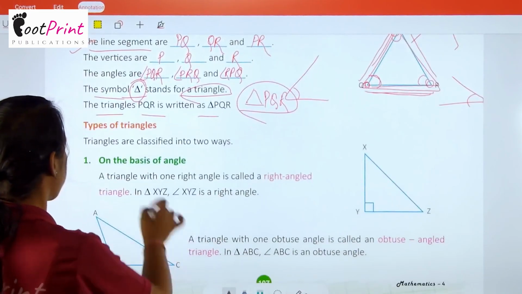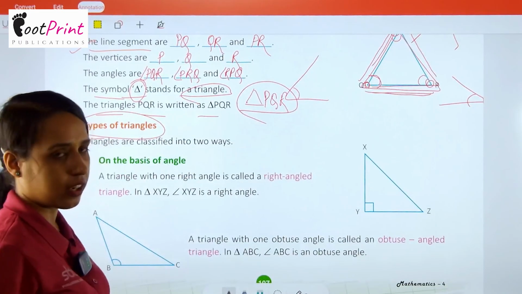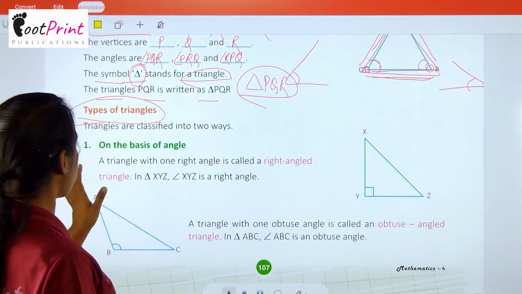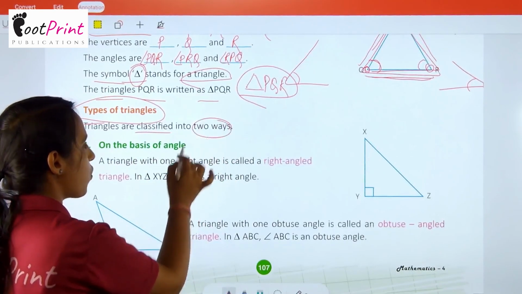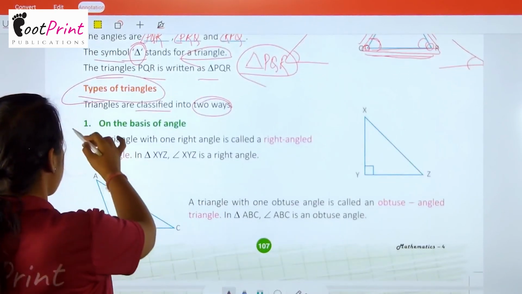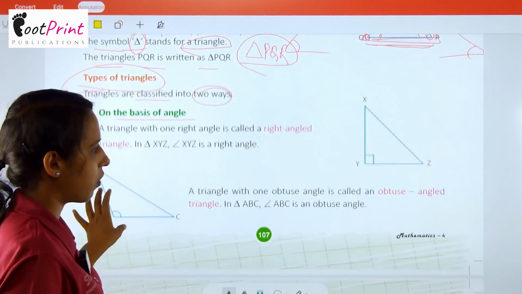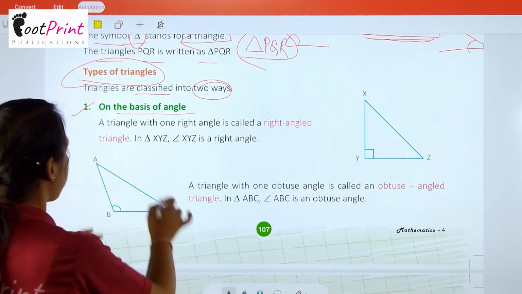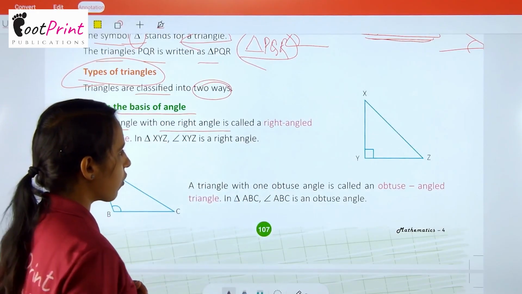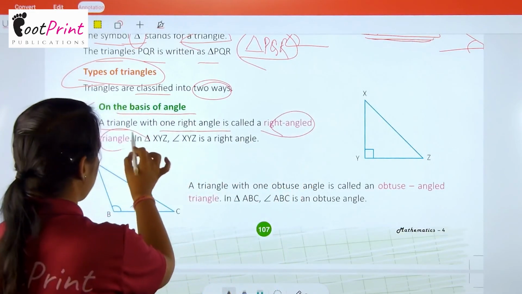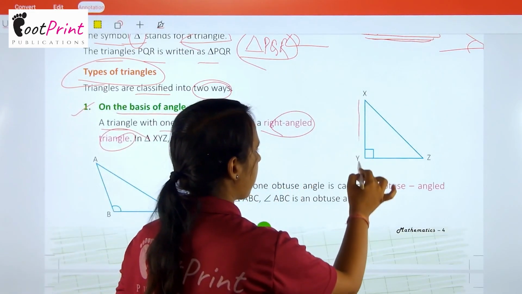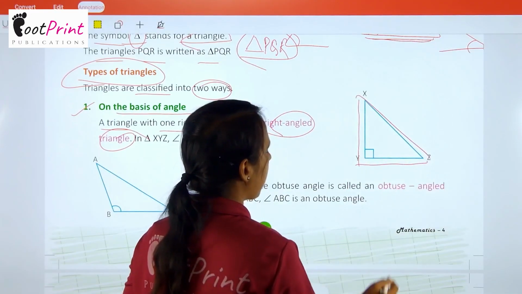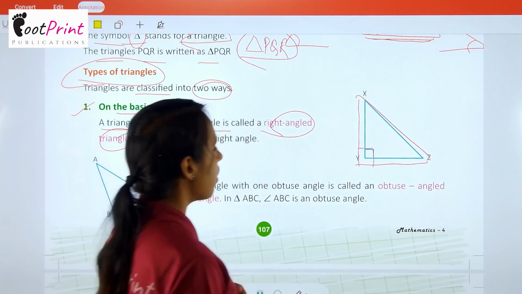Next, we will learn types of triangles. Okay, so triangles are classified in 2 ways. First, on the basis of angles. On the basis of angles, we can classify our triangle. So a triangle with one right angle is called a right angle triangle. Okay, in this figure, we can see this is a triangle and it has one right angle.